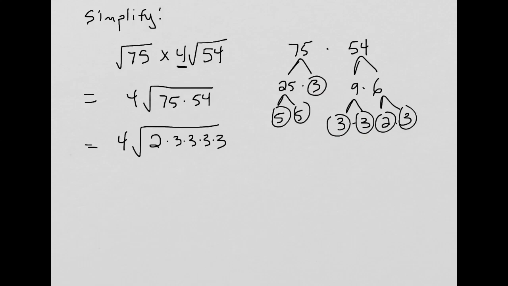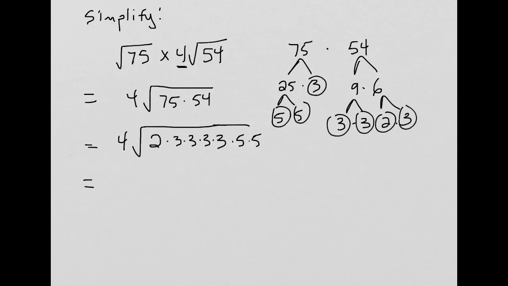And then I've got 2 5s. So now our only step left is to simplify that square root. Well, one of the things that I notice is that I can't do anything with the 2's because I would need 2 2's in order to pull 1 out. So we're trying to make groups of 2 with our factors.